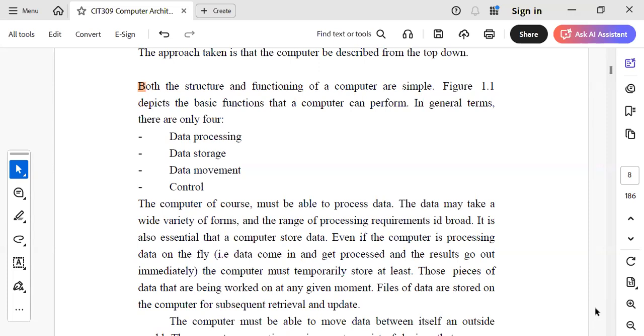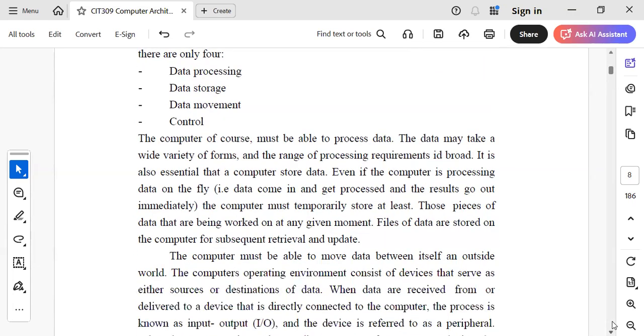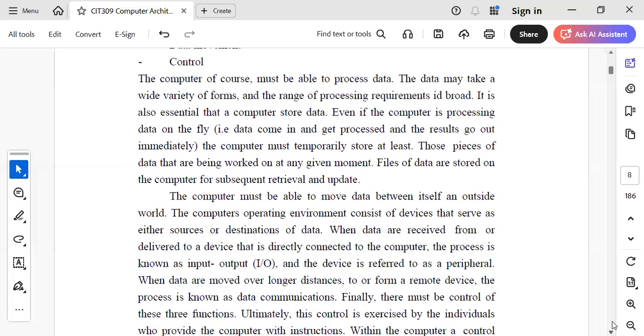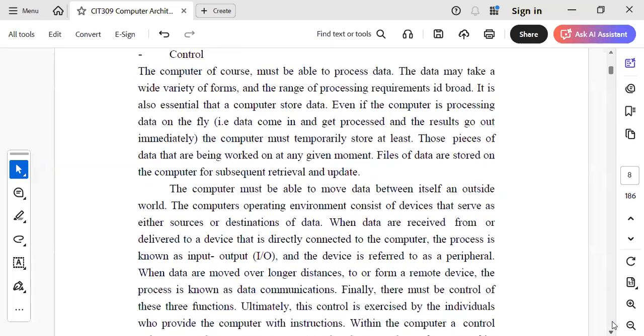So the computer, of course, must be able to process data. The data may take a wide variety of forms, and the range of processing requirements is broad. It is also essential that the computer store data.